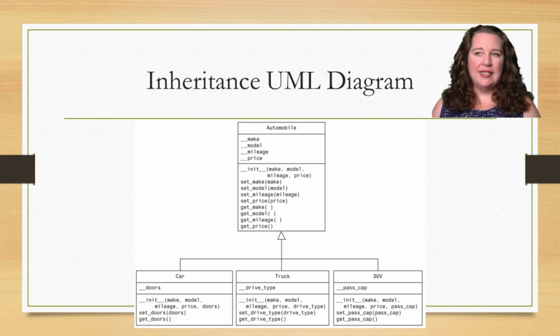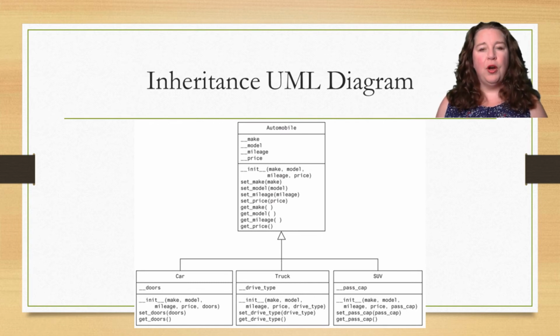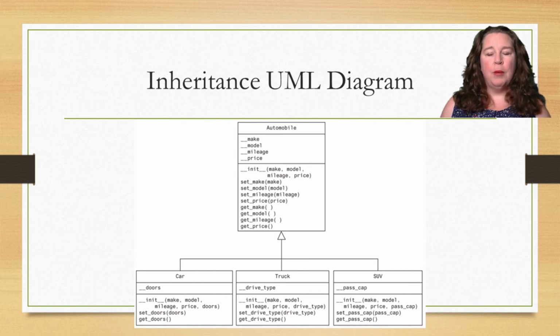So we have a superclass of automobile, or a parent class, with all of its methods and attributes. Remember, private methods go on the top in the first little box, and then public go in the second little box. You do not have to use the self because it's assumed. And then otherwise you include what the parameters are that are included.